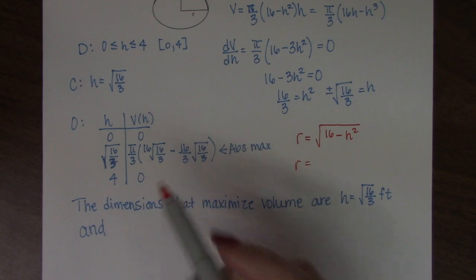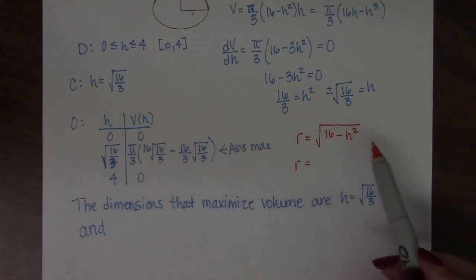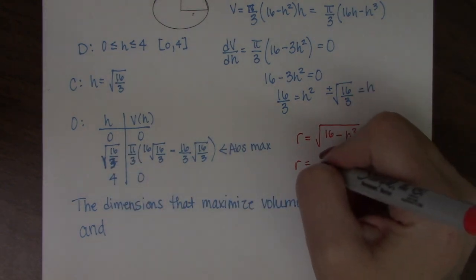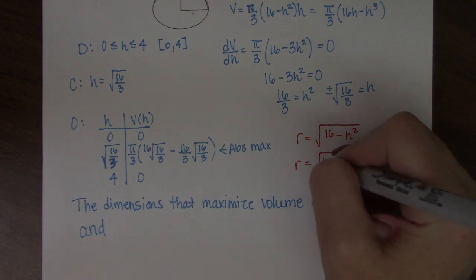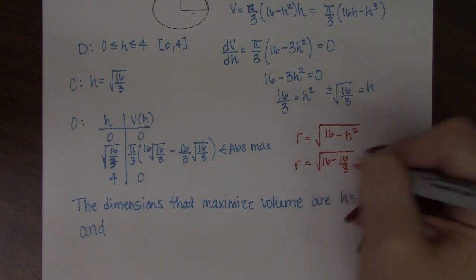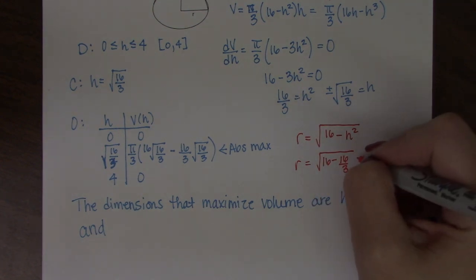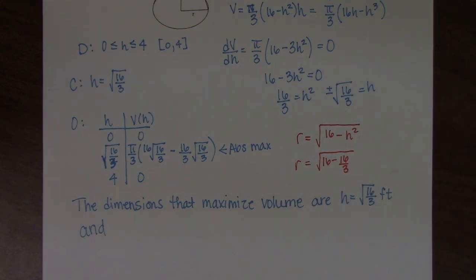So since my h is a radical, when I plug it in here, it just comes out. So I get the square root of 16 minus 16 over 3. And so I don't really need to cancel it any more than that.